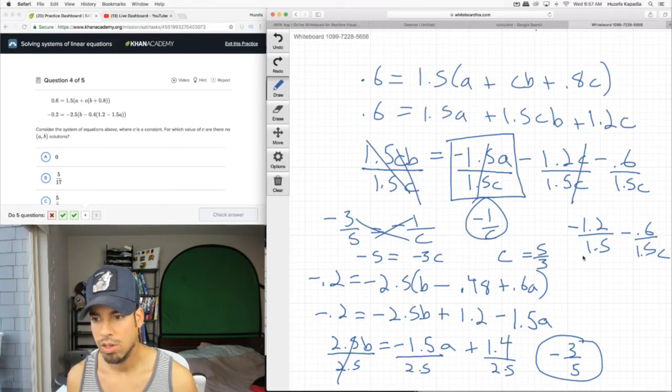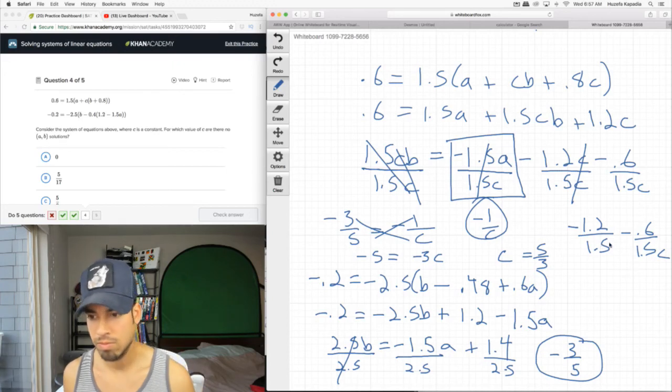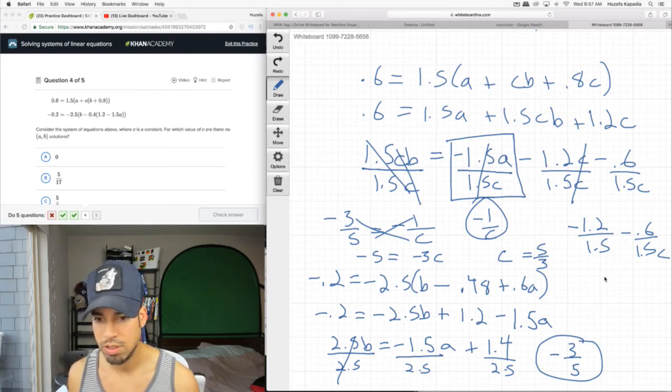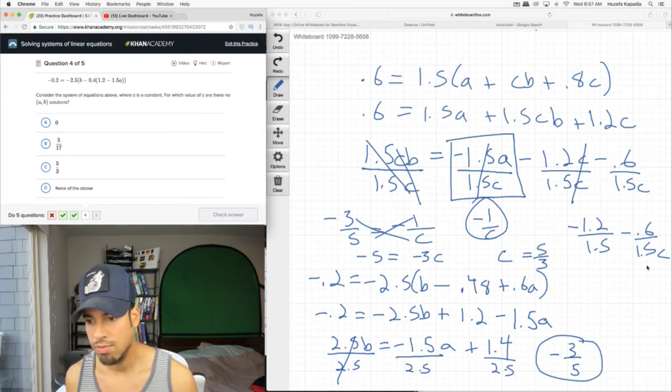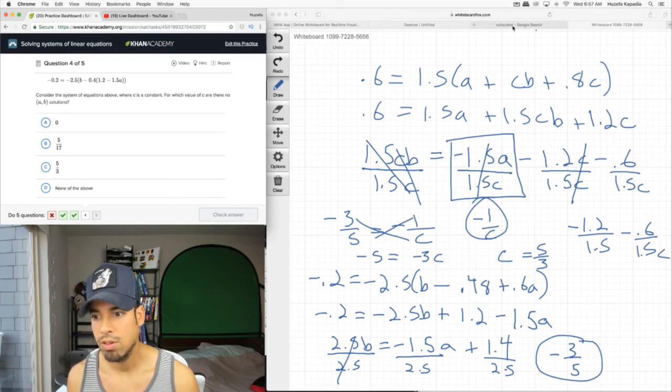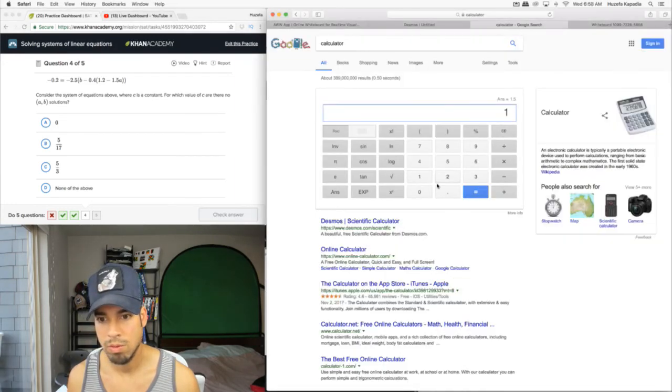But we have to make sure that this doesn't give us the same y-intercept. So if I plug 5/3 into here, oh my gosh, this is just so insane, because I think it is an answer. So 5/3, so negative 1.2 over 1.5. 1.2 divided by 1.5 equals 0.8.